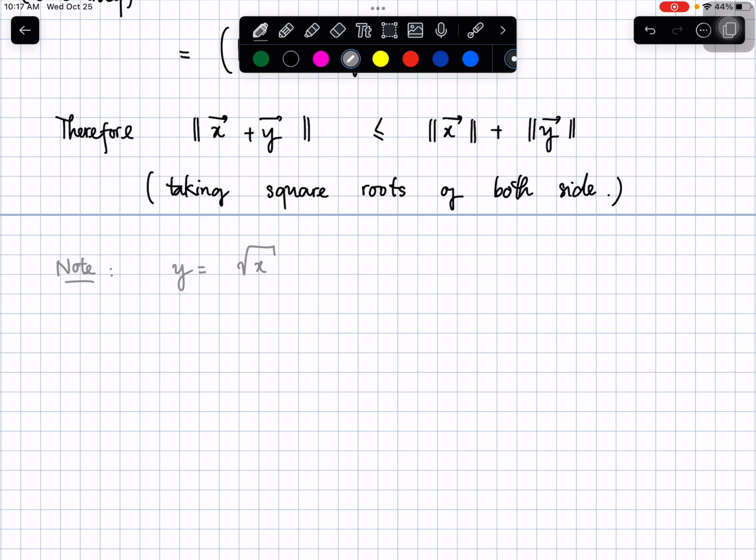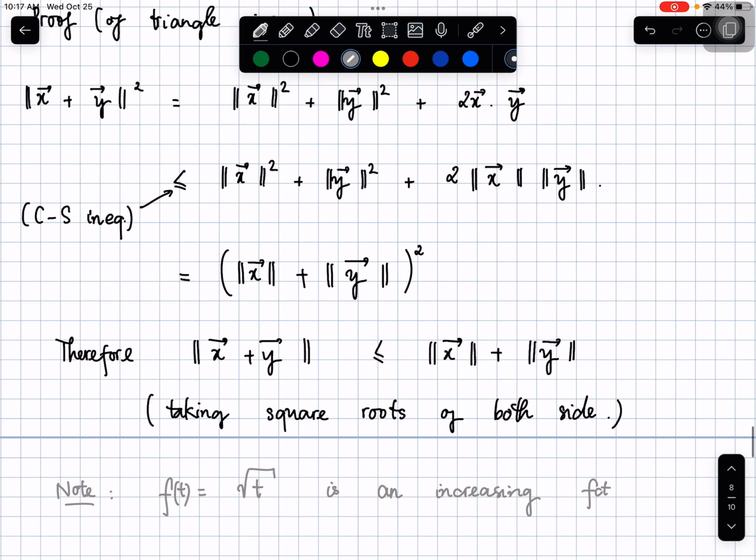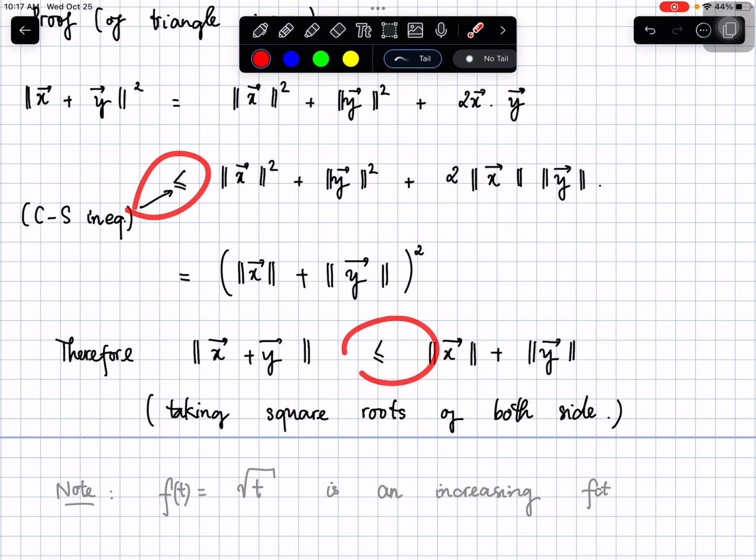Let me call it f of t equals the square root of t, which is an increasing function, and therefore we can take the square root of both sides and the inequality stays the same, right?